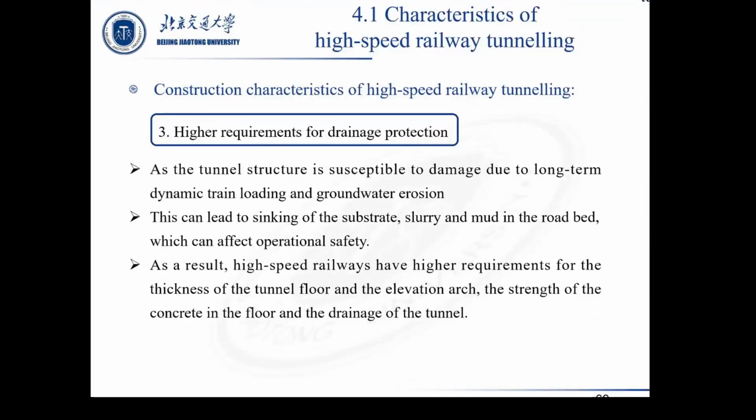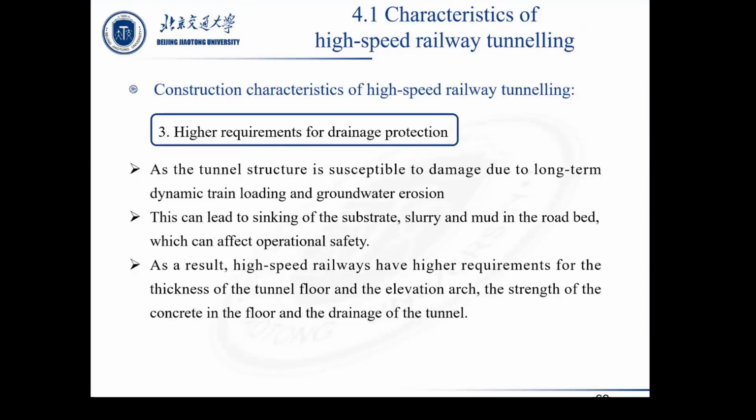The tunnel structure is too damaged due to long-term dynamic loading and groundwater erosion, which can lead to sink of the substrate, slurry, and mud in the roadbed, affecting operational safety.